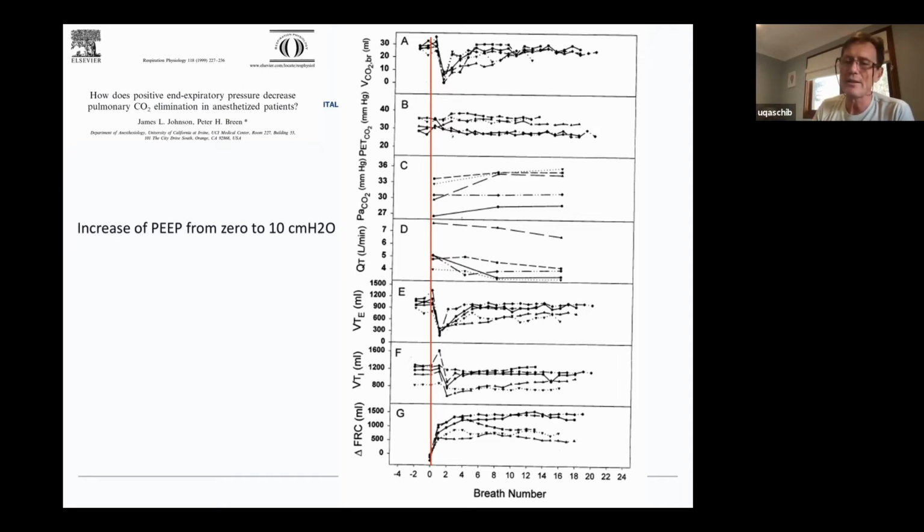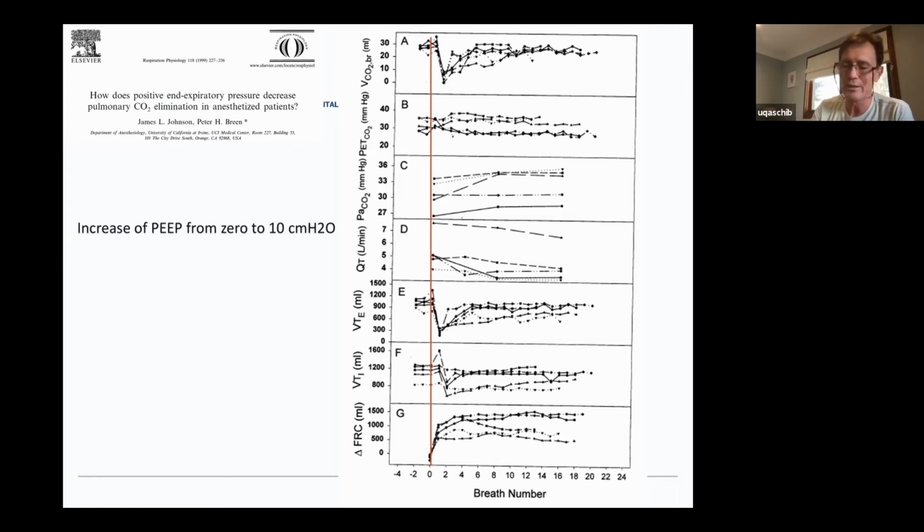So that very simple experiment shows that if we change from 0 to 10 centimeter of water and we carefully measure the exhaled volume of CO2, we get quite a good impression how the ventilation distribution has been changed in a matter of a second.